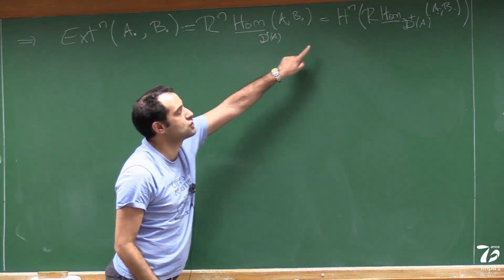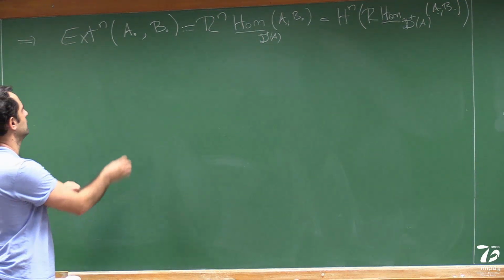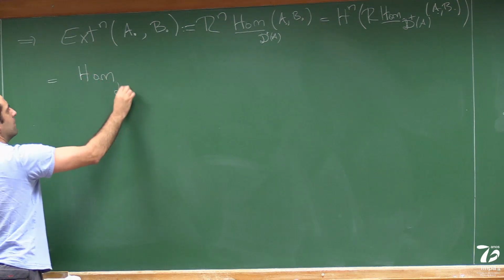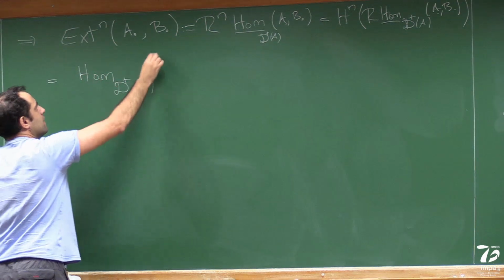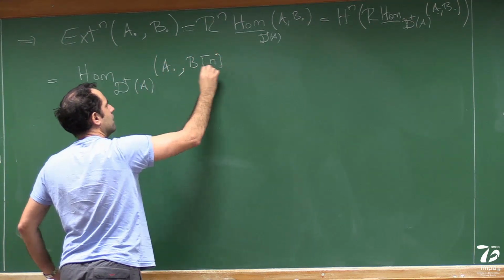So that's just the definition of this R^n Hom. And on the other hand, this is the same thing as an honest Hom in D^+(A) between A and B shifted by n.